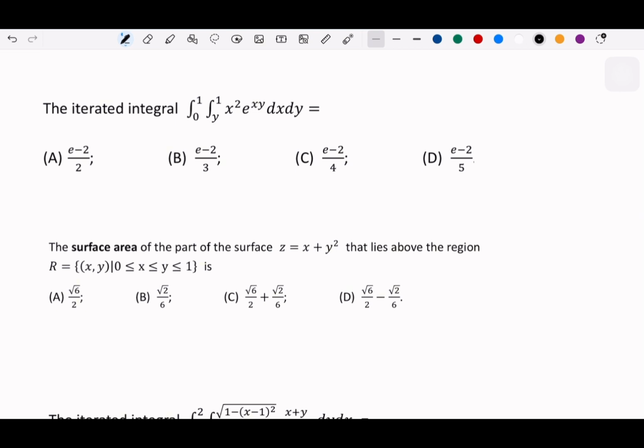This type of question, like double integral questions like this, at least one will be on your exam. Probably more, but at least one.